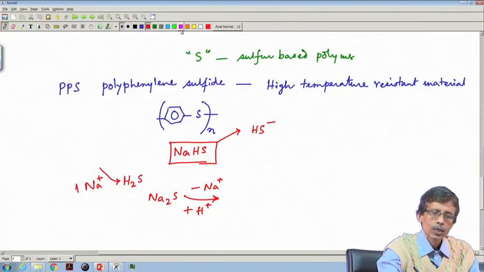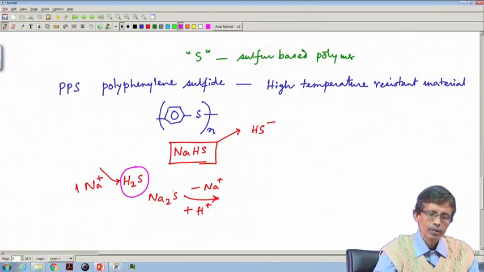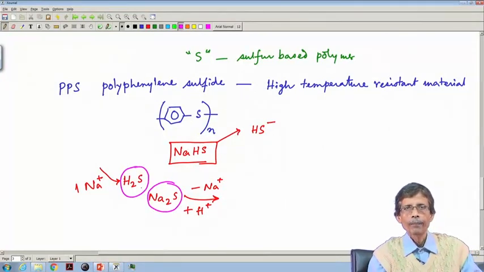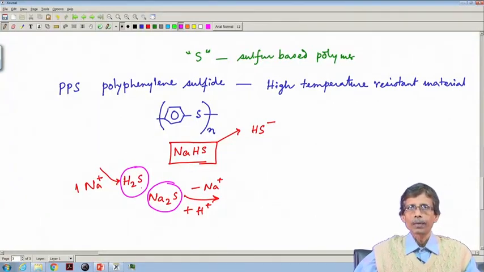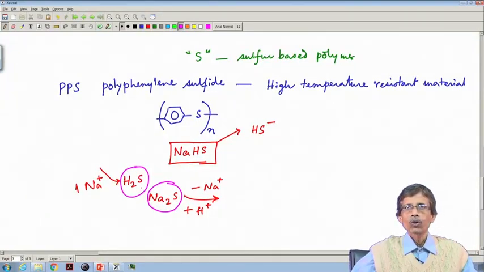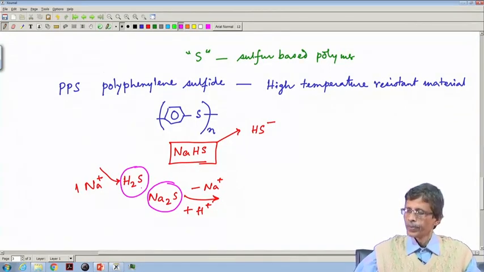So, you can have plenty of hydrogen sulphide and plenty of sodium sulphide in your hand. How these two things can be separately tackled to make sodium hydrogen sulphide, we will see in our next class. Okay. Thank you very much.